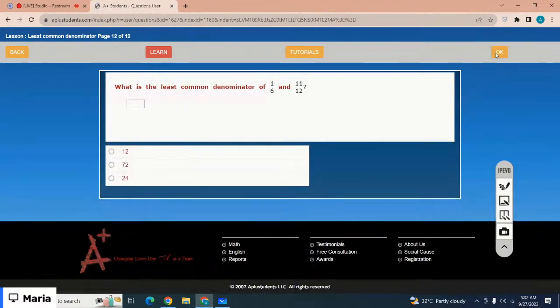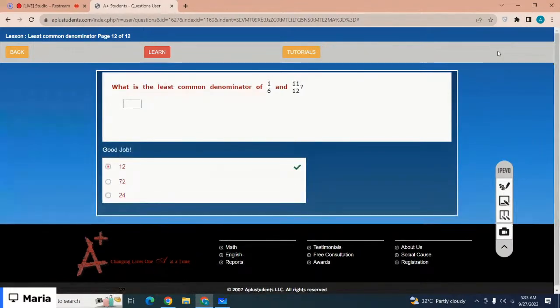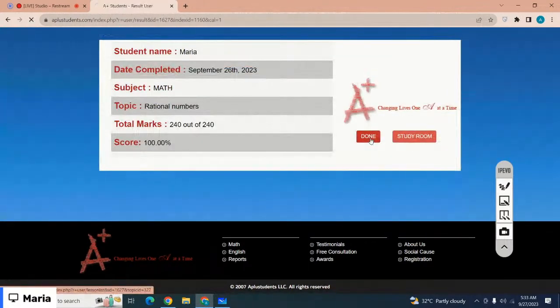What is the least common denominator of 1 by 6 and 11 by 12? Now, calculating LCD is very easy for you, isn't it? That is 12. Okay, very good.